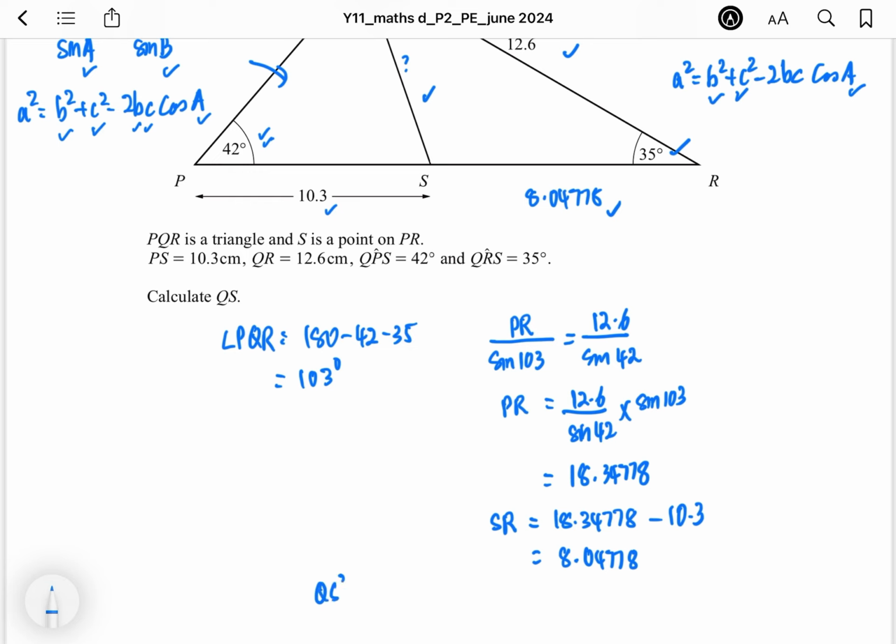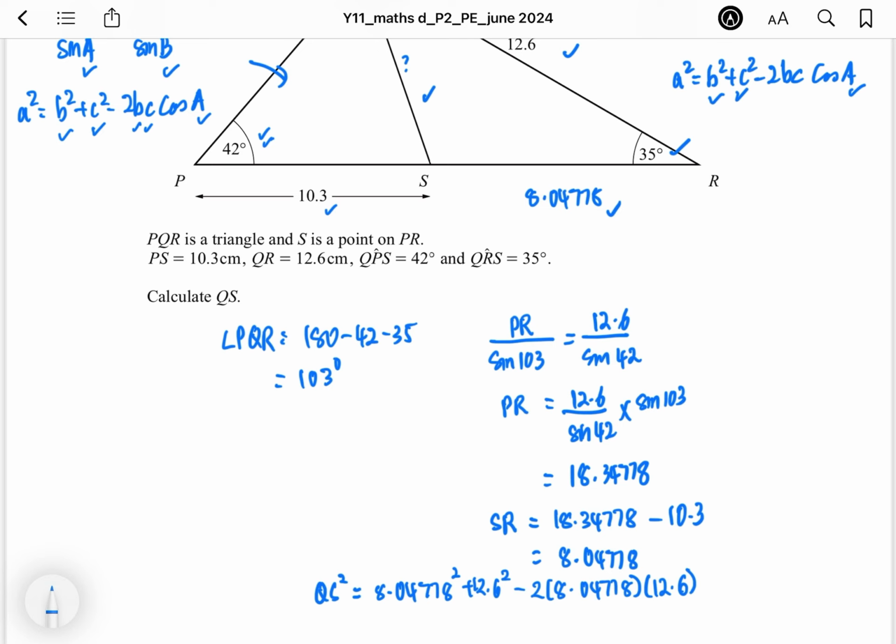QS squared is equal to 8.04778 squared plus 12.6 squared minus 2 times 8.04778 times 12.6 times cosine 35. Don't worry, when you have a lot of digits, you are using your calculator.